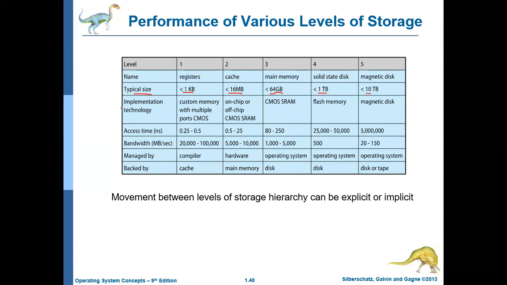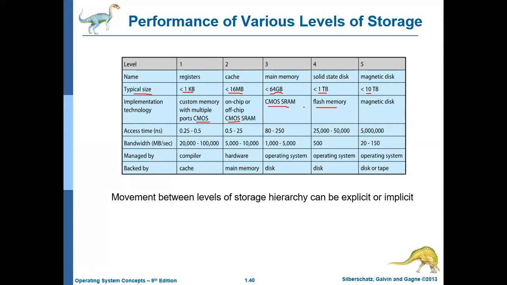Now implementation technologies. Registers are implemented using CMOS technology. Cache memory is also implemented using CMOS technology. Main memory is implemented using CMOS SRAM technology. Solid state disks are one form of flash memory.